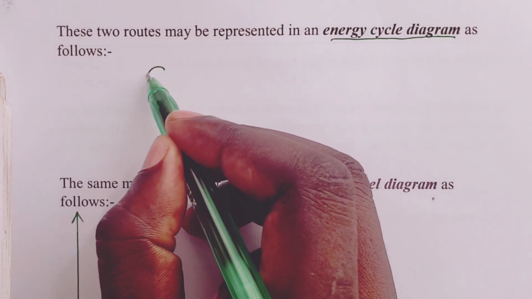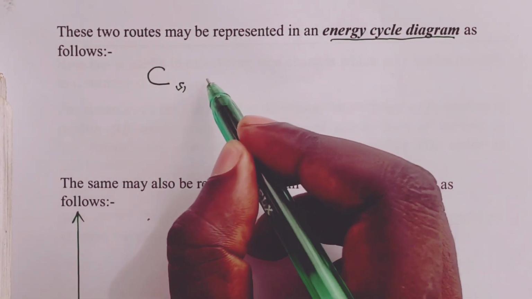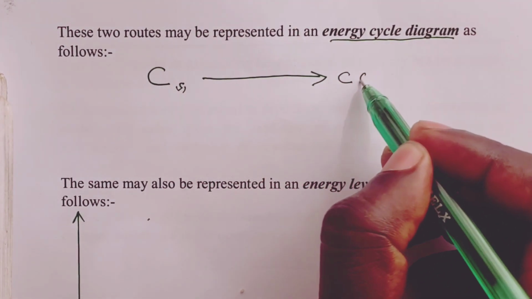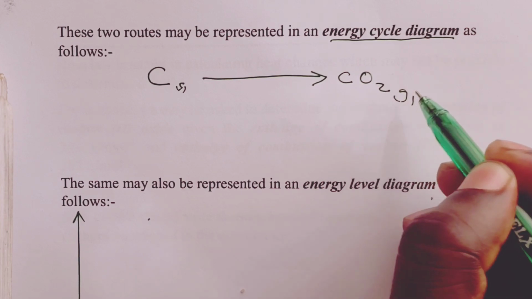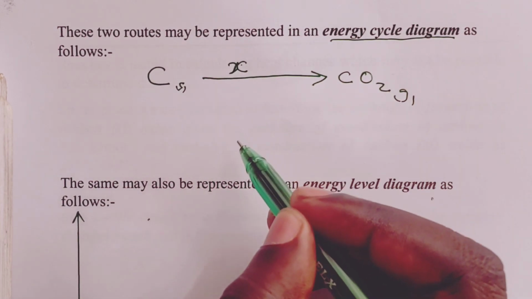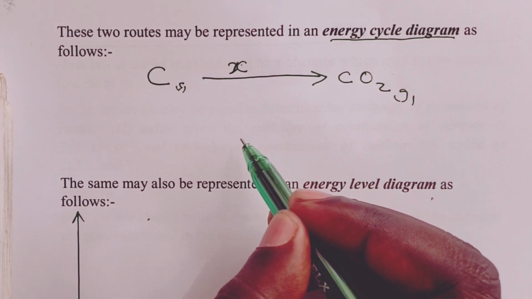From carbon I can obtain carbon 4 oxide directly, and we've agreed the amount of heat energy involved here is X kilojoules per mole.